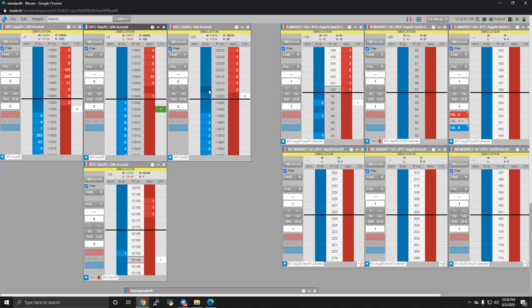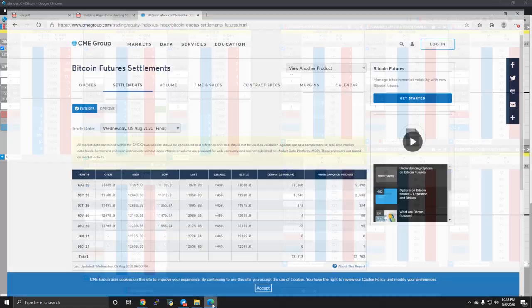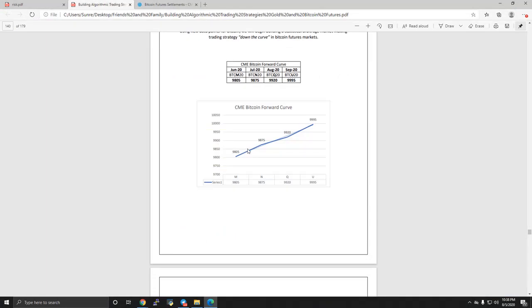Bitcoin outright futures markets, and we have our standard 6 execution protocol visualized here in a simulator for the Bitcoin calendar spread forward curve. And just to revisit briefly, we have the Bitcoin forward curve.